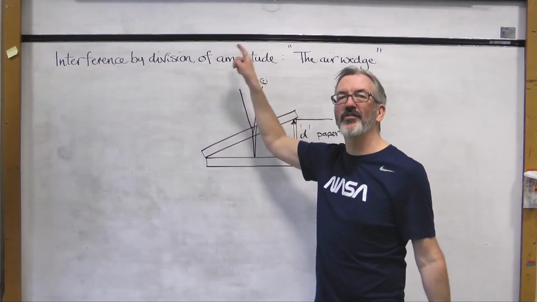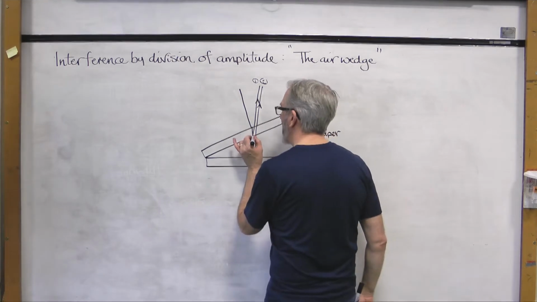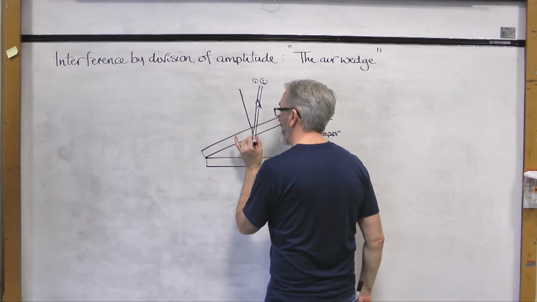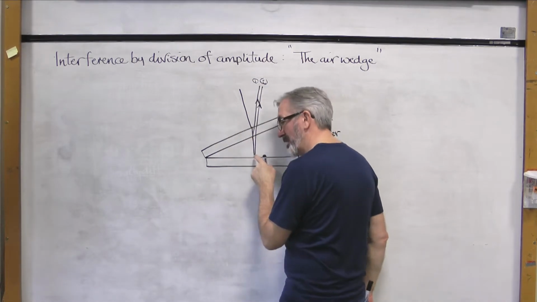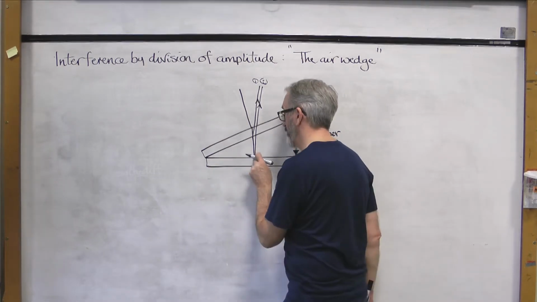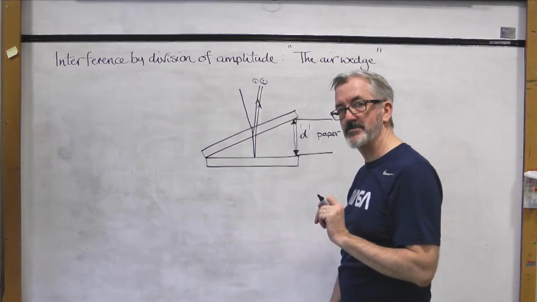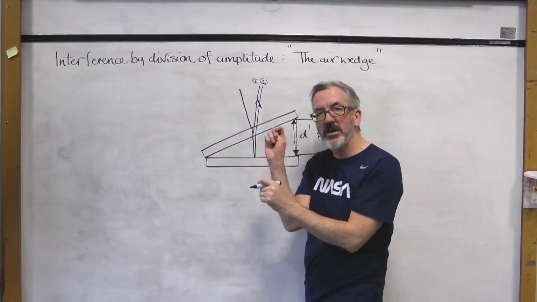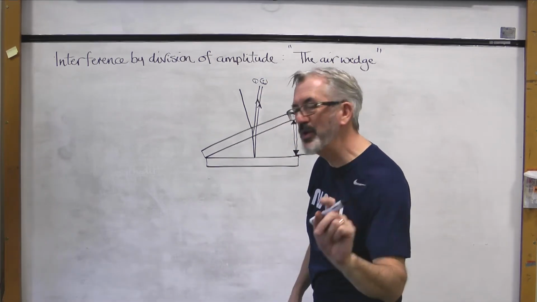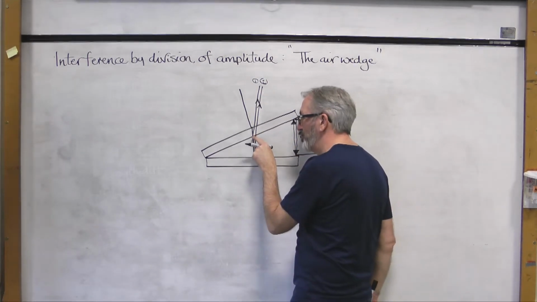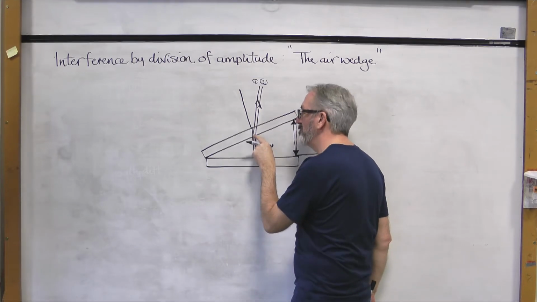Why is it called division of amplitude? Because some of the energy of the wave is reflected here, and some of the energy or the amplitude of the wave is reflected from here. And those two waves interfere, and there's a path difference between the two of them equal to that distance down and back up again.